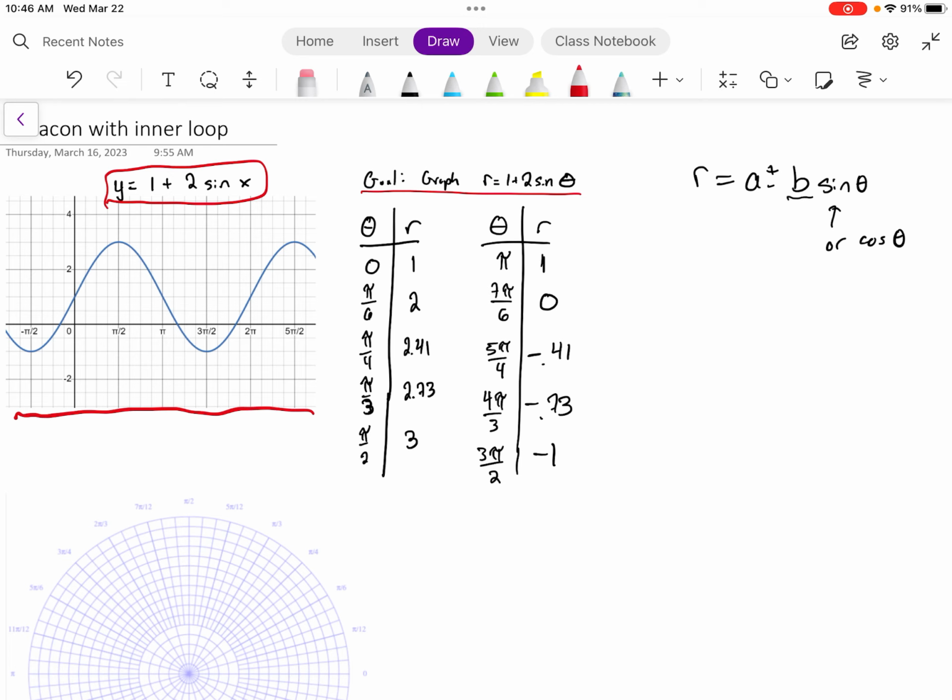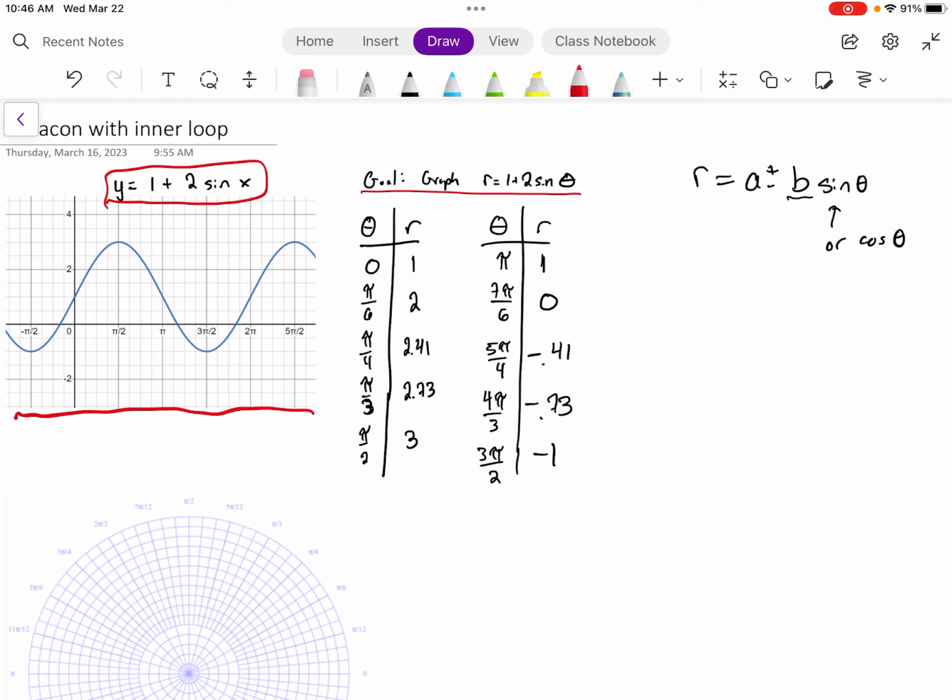The period is going to be 2 pi, and we're going to need to consider all the values from 0 to 2 pi in order to graph things. There's still going to be some symmetry here with sine x. Thinking about whether that's symmetrical about the x-axis or the y-axis, you should be able to piece that together in your minds based on what you've already seen. So let's see why we picked these particular values, and let's dive in.